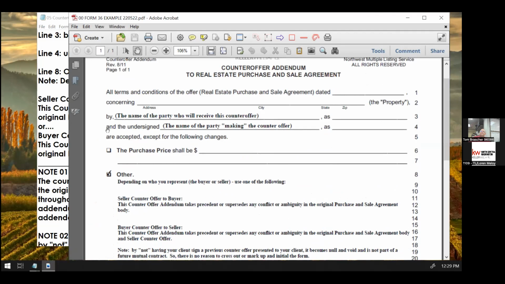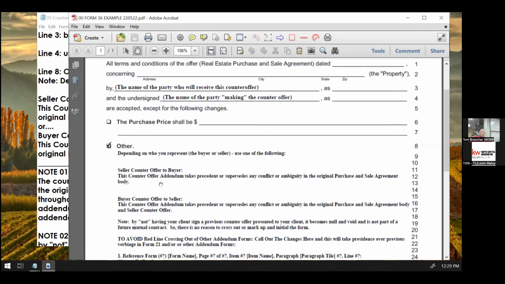At the very top of it, this should say, this counteroffer addendum takes precedence or supersedes any conflict or ambiguity in the original purchase and sale agreement. That is from the seller back to the buyers.